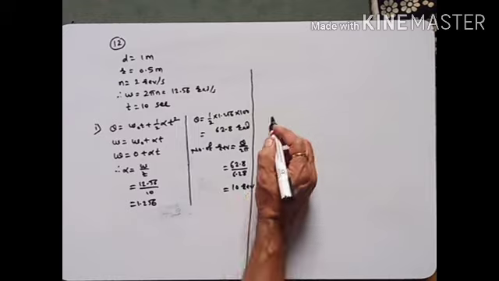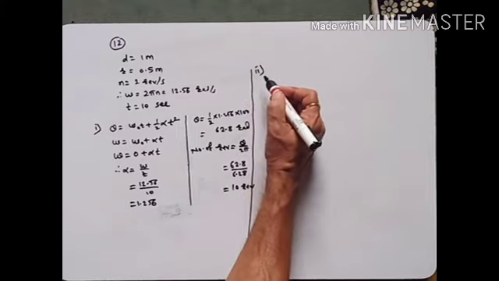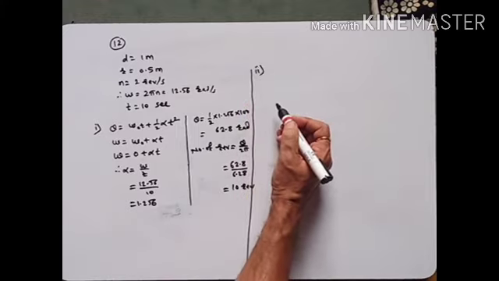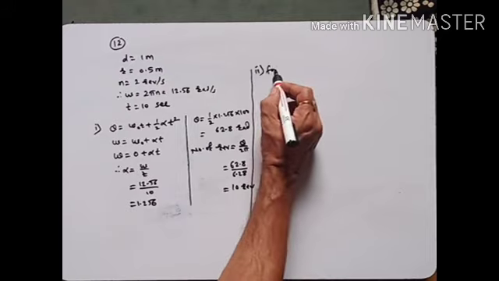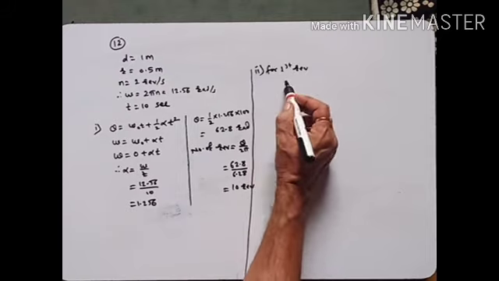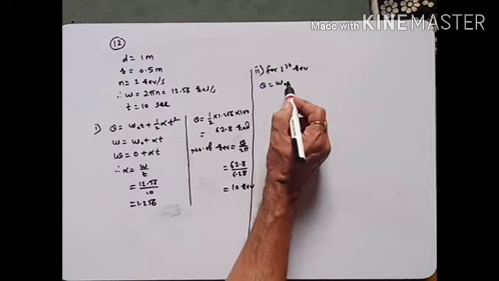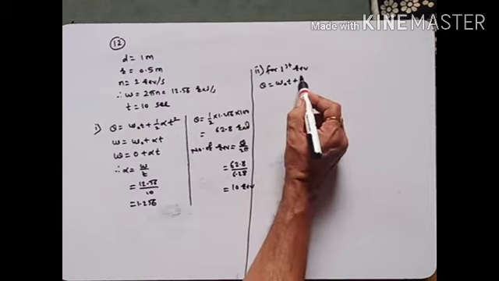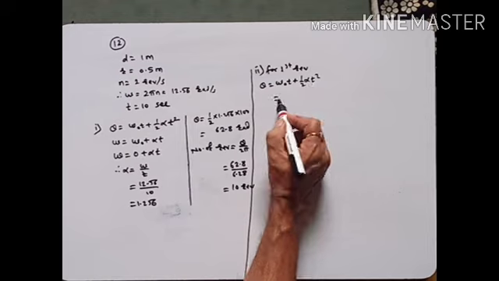Now, secondly, for the first revolution, theta is equal to omega 0 t plus half alpha t square. We have calculated this.